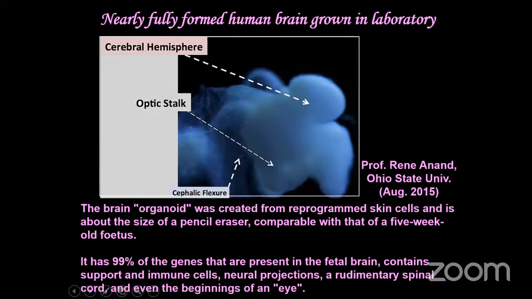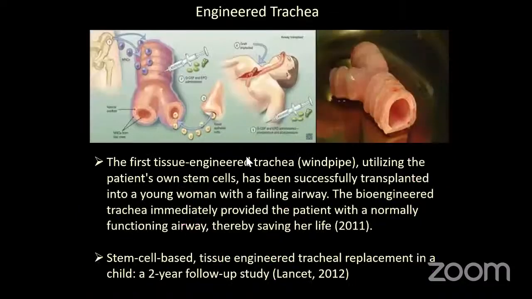One can think of utilizing stem cells to generate miniaturized organs and understand the development of the organ per se. And this is what I was telling you about the trachea, which has gone into the clinic. Two successive patients have been treated and they are doing quite well. Their follow-up studies have also shown the beneficial effect of this tissue-engineered trachea, or windpipe.